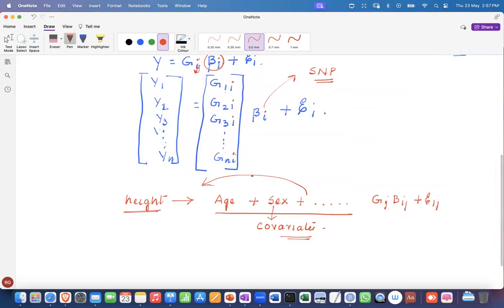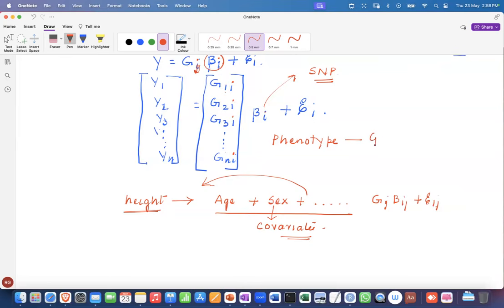Now, what happens sometimes is your analysis is hugely varying in terms of age and sex. And if you're not correcting your data for these covariates, you will be having SNPs, but these SNPs will be correlating not with the genotype. These SNPs will not be correlating with the exact genotype influence, but would also be affected by traits like age and sex. So that's why, if you remember, when I wrote phenotype, I left something as a blank there.